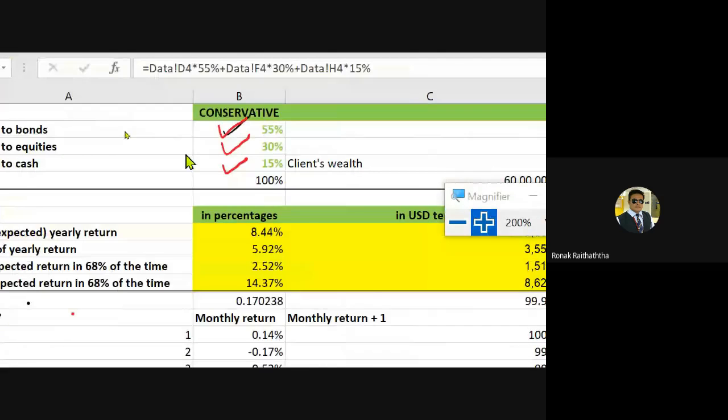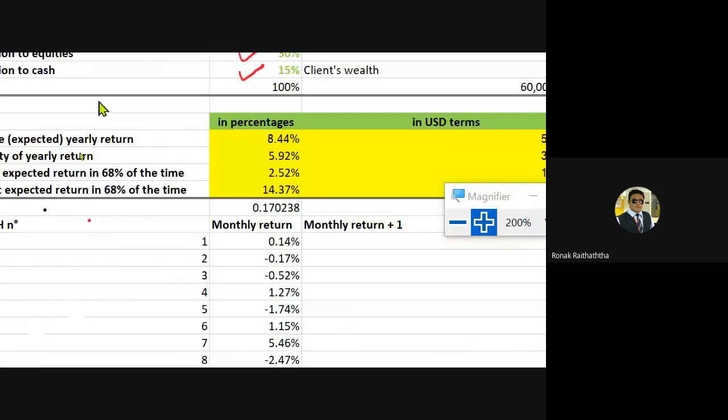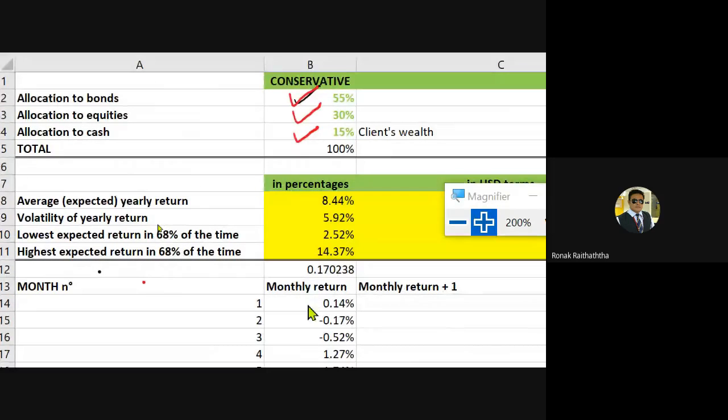Say in the first one, the weight was 55 percentage for bonds. So what we had done was we had found this return by giving 55 percentage weight to the return of bond. So we went over there, we had selected the return of bond in the first month, and we had multiplied that with 55 percentage, or I may just write 0.55 in decimals, plus 30 percentage weight was given to the return of equity, and 15 percentage of weight was given to the return of cash.